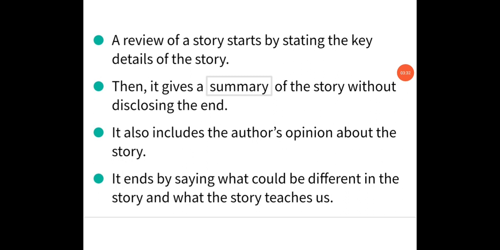It also includes the author's opinion about the story. It ends by saying what could be different in the story and what the story teaches us. I hope this is clear to you.